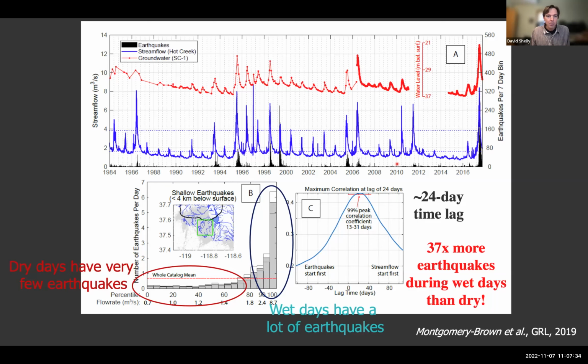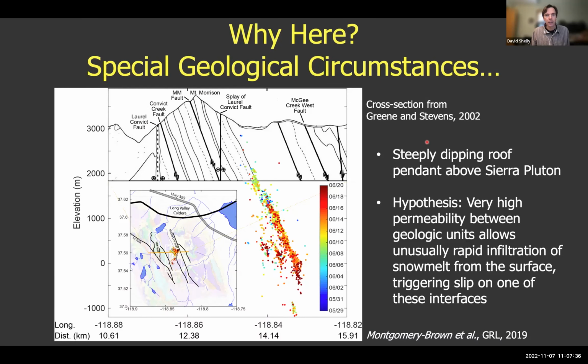So how can that happen, and why does it happen here? Well, it turns out that there are some pretty unusual geologic circumstances in this area of the world. For one, we have this roof pendant sequence. These are old, kind of tortured rocks that are above the Sierra Nevada pluton.